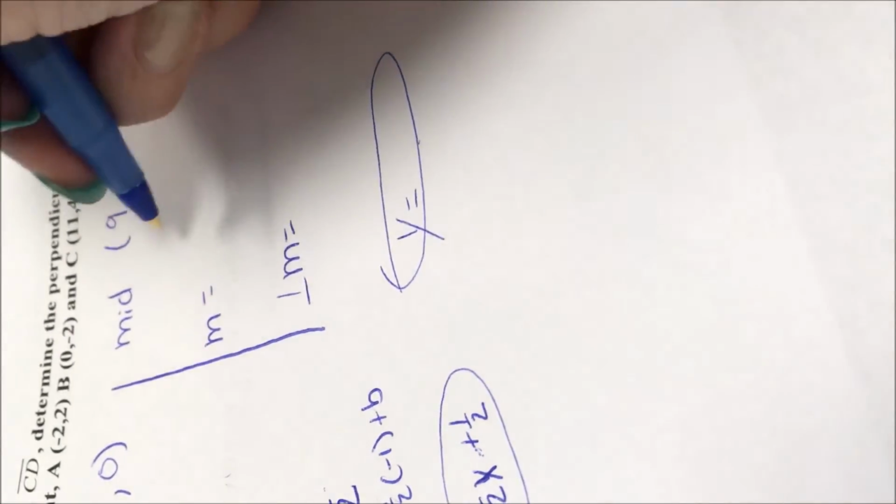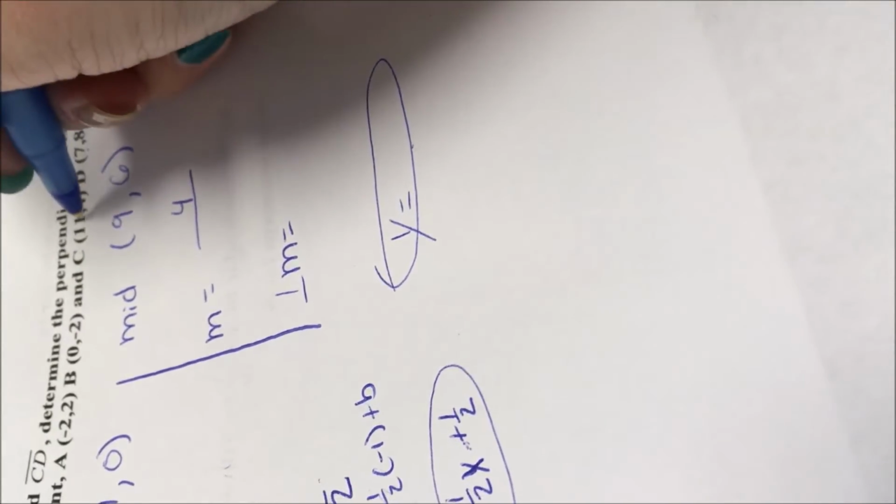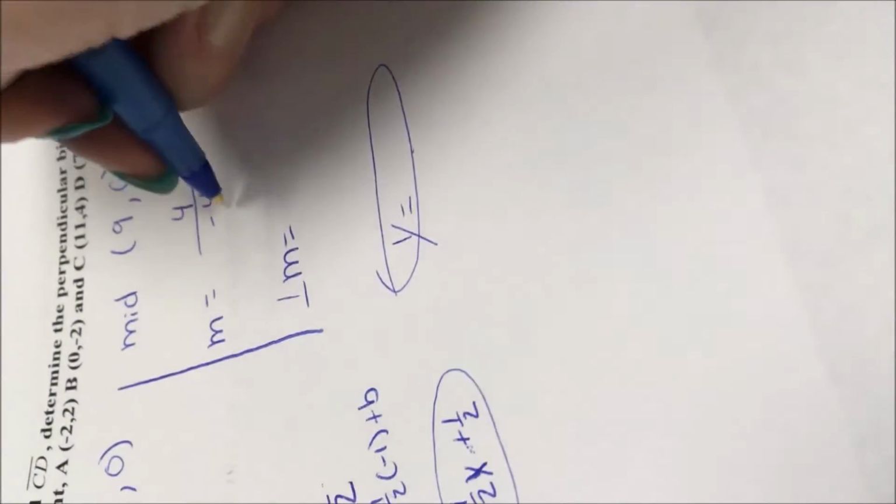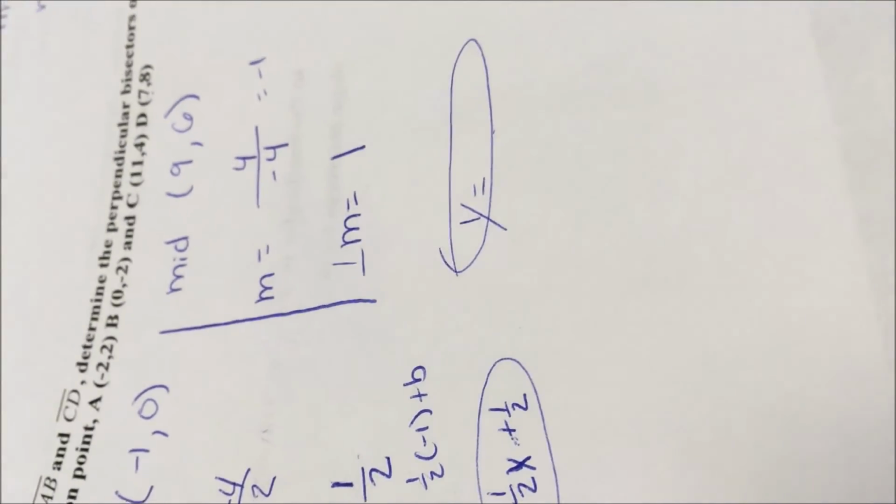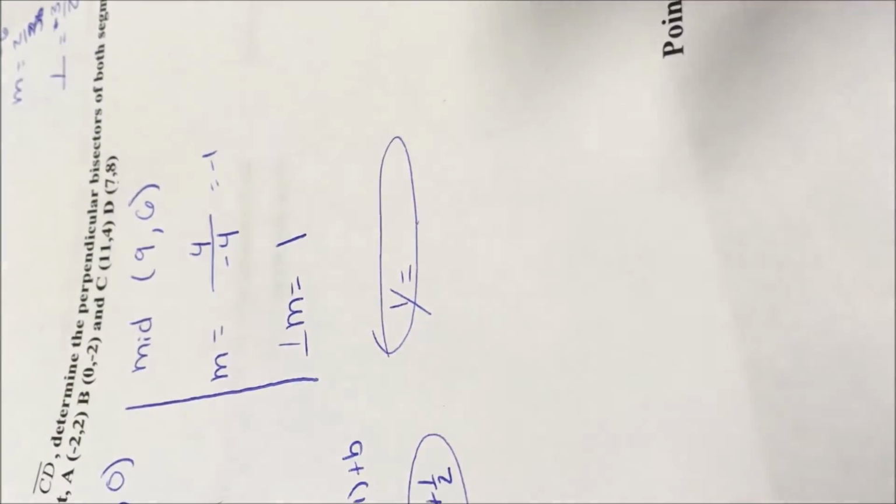Halfway between 4 and 8 is 6. The slope of this line, it goes up by 4 and decreases by 4. So the slope is negative 1. The negative reciprocal of negative 1 is 1. So when I write out my equation, b ends up being negative 3.